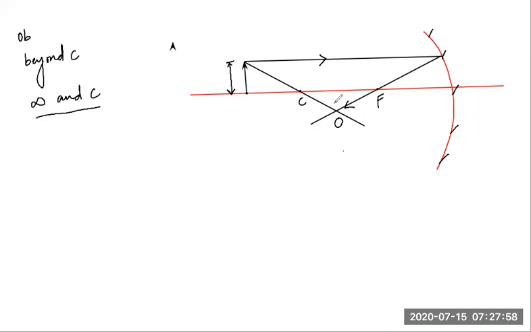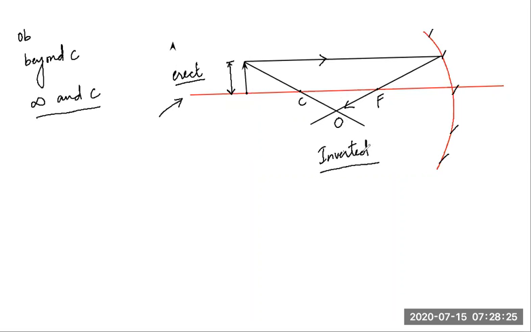Now, if you see, the image is diminished. Now, students, this object is placed erect, because it is over the principal axis. But this image is formed below the principal axis, and hence I will say this image is inverted.